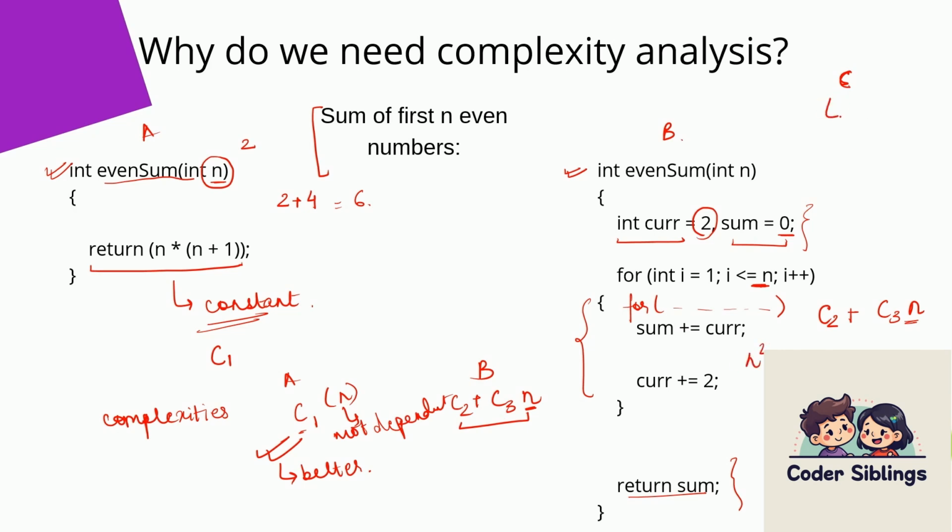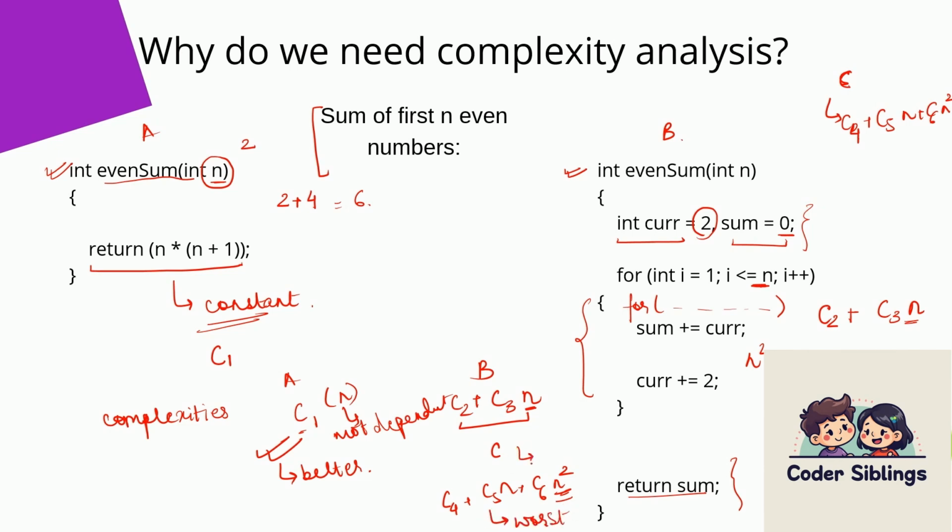For C, we will write the complexity as C4 plus C5n plus C6n square. Now, n square is a further higher complexity. So this will be the worst out of all three.